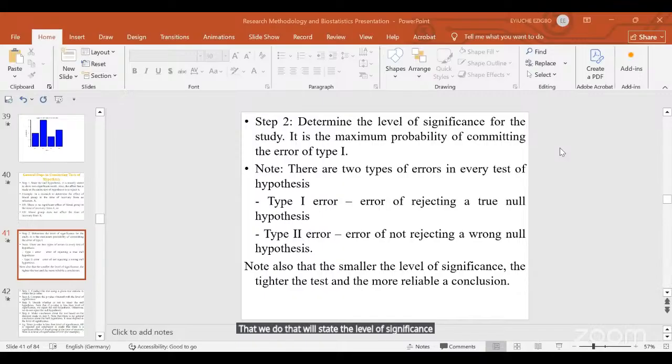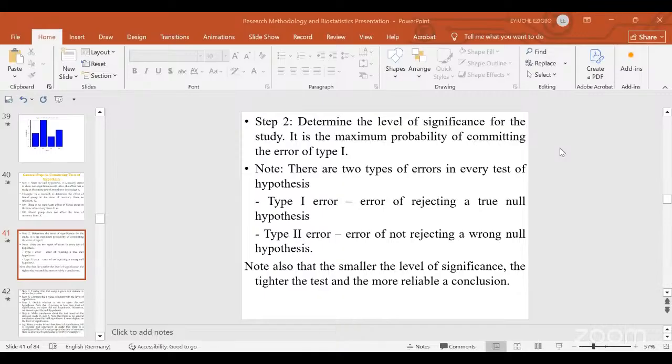For a normal classroom work, we normally use a generic level of significance, which is what? 5%. And what is 5% in decimal? 0.05. So we say that the level of significance is 0.05 or 5%. That is the generic level of significance for a classroom work.